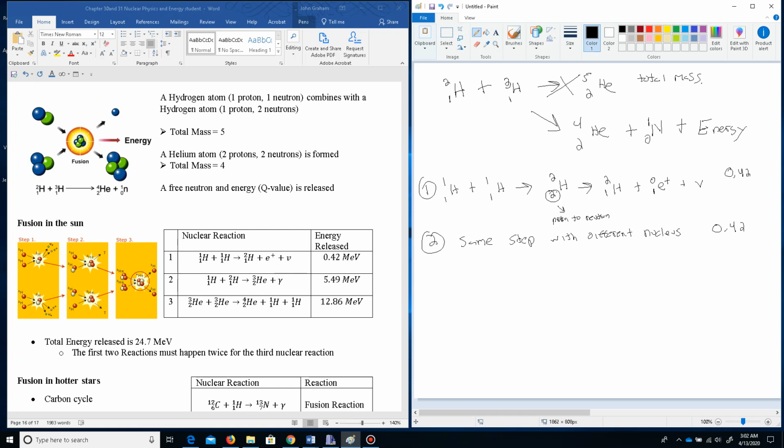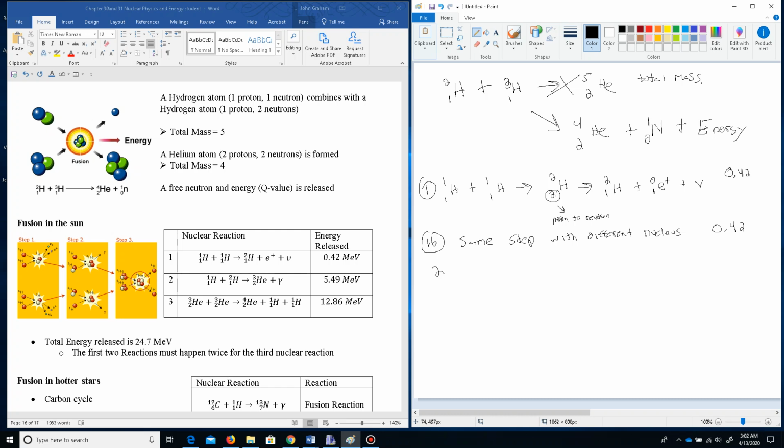The next step is that these 2H, the ones that have 1 proton and 1 neutron, are going to combine with 2 more hydrogens. You know what, I'm going to change the name of this step to 1B. We're going to call this next step 2 because I want it to align with these.